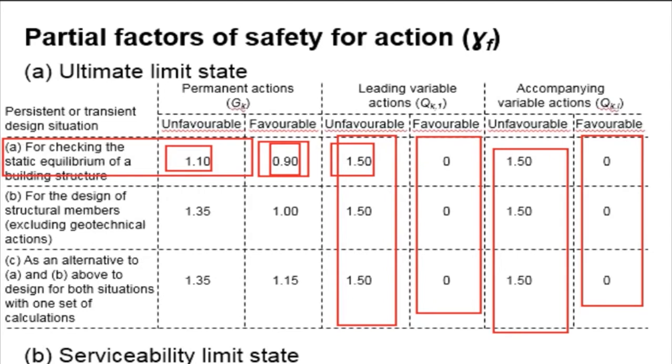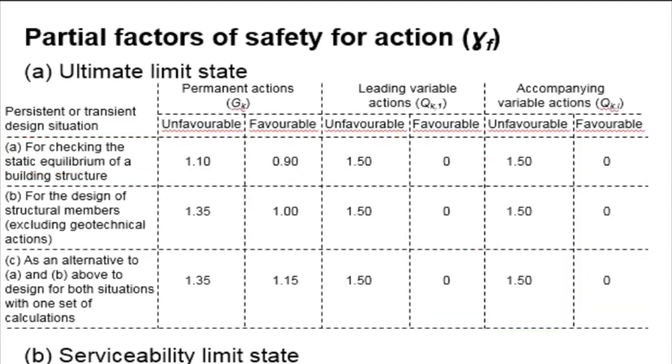Now there are 3 conditions. The first condition, you check only the stability of the building. But the second condition, you check the design of the structural member excluding the geotechnical actions.